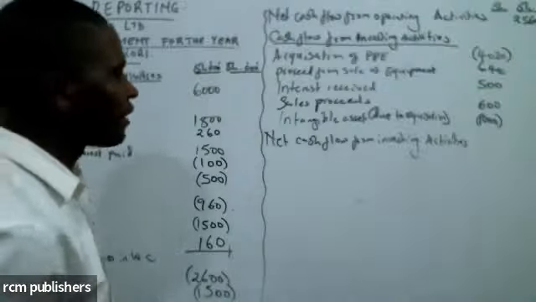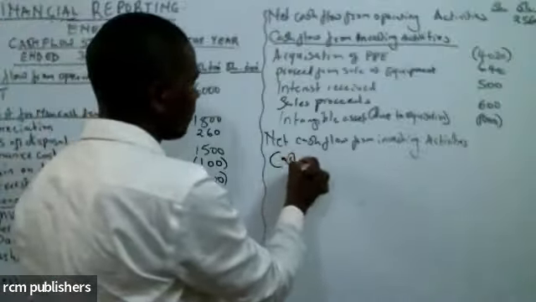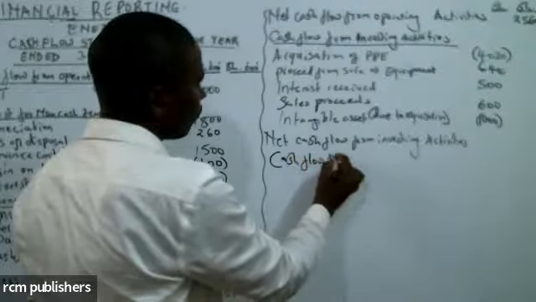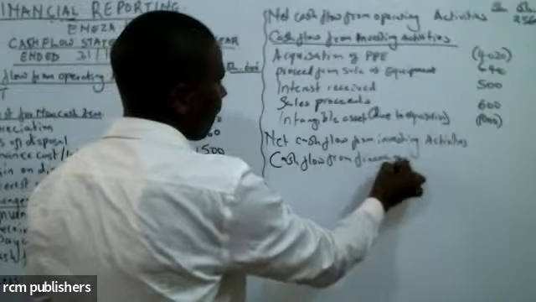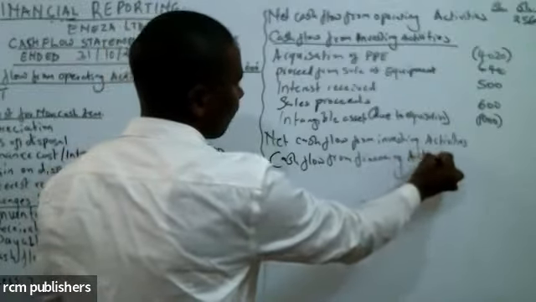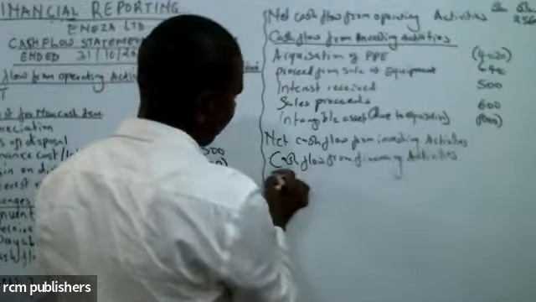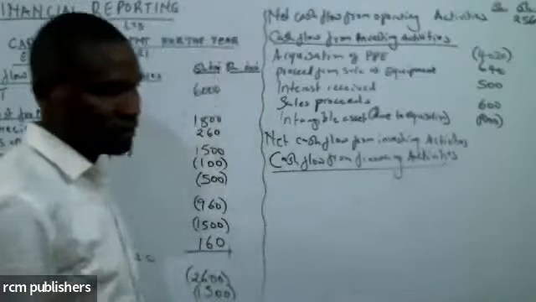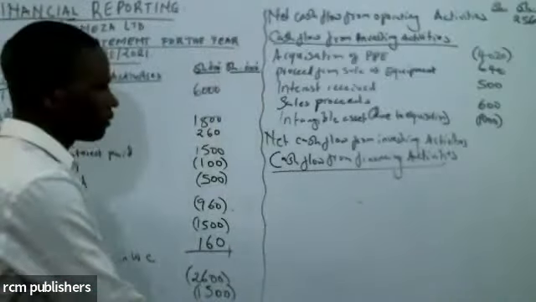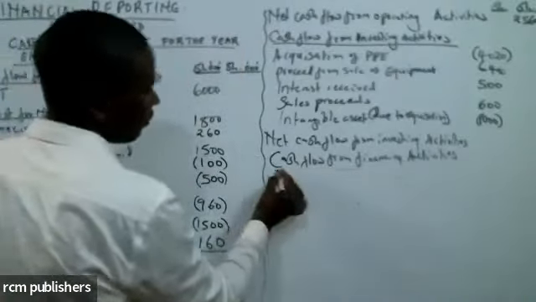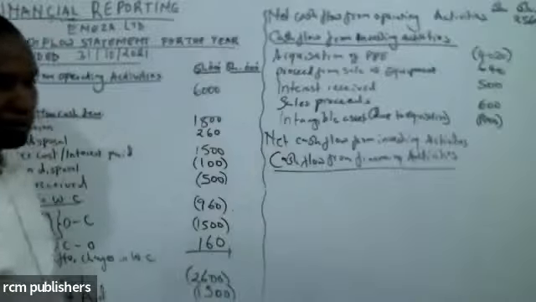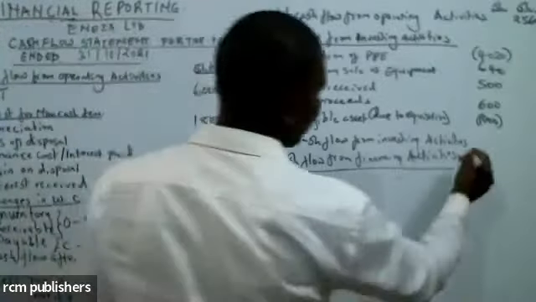Cash flow from financing activities. So, ingapi pale? 3280, which is a negative.